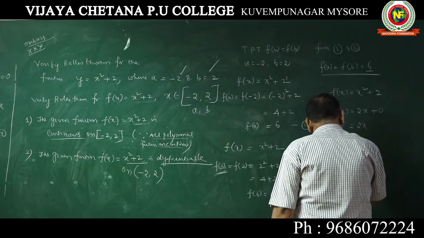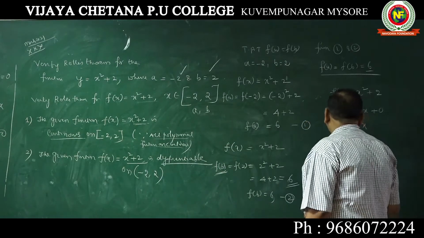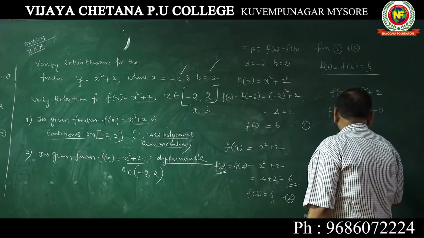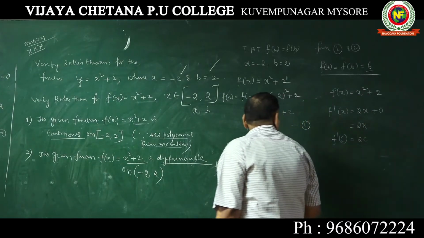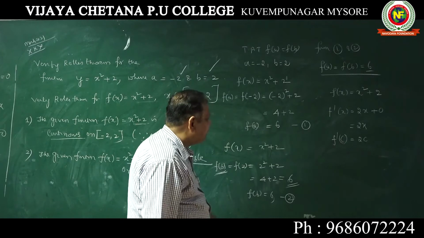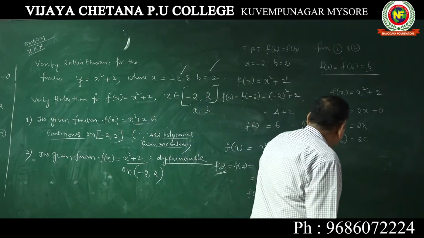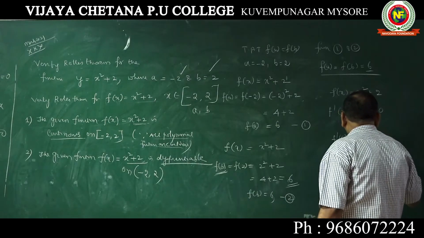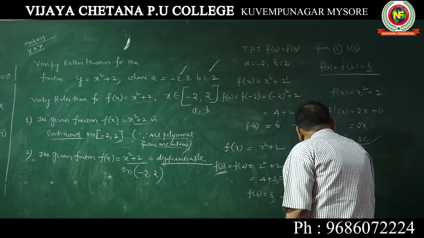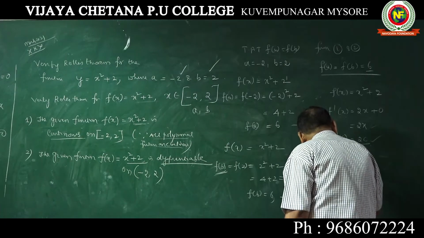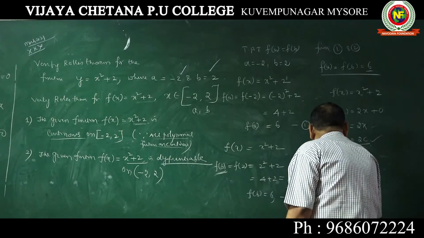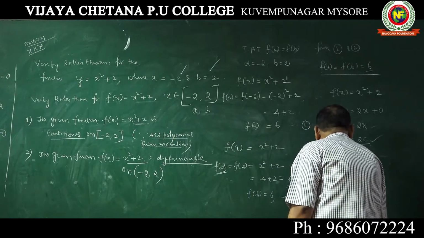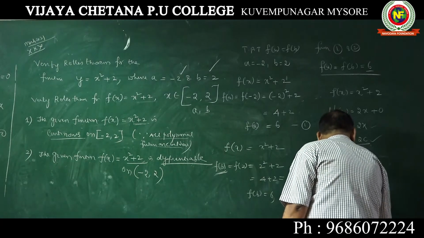In f dash x, x becomes c, so it is 2c. Understand? f of x is so much, f dash x is 2x and f dash c is 2c. Whatever x is there, you put c. Now there exists c such that f dash c is equal to 0, 2c is equal to 0, c is equal to 0 by 2, it is also 0.